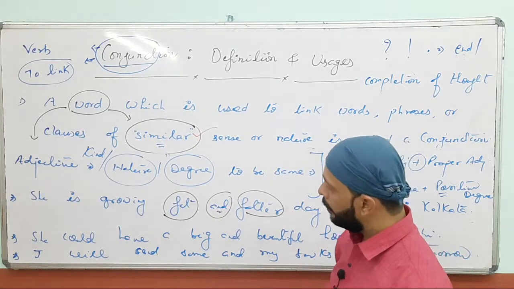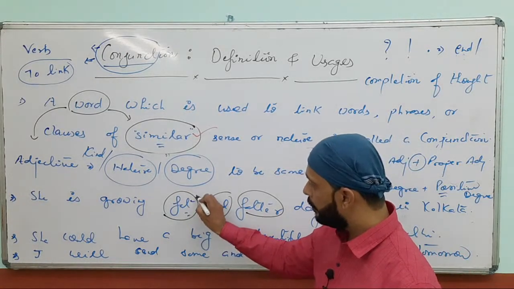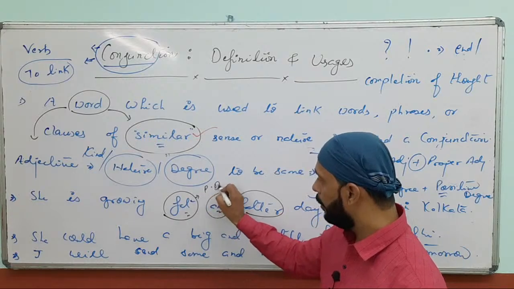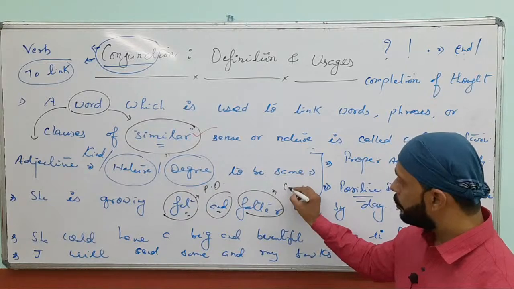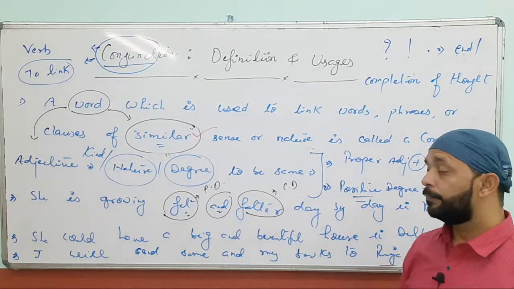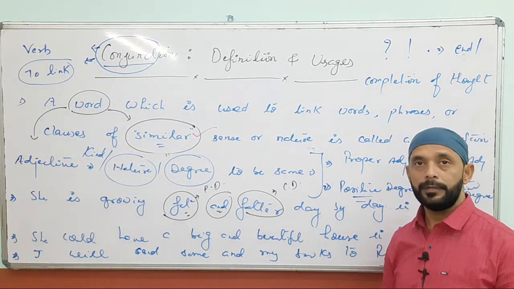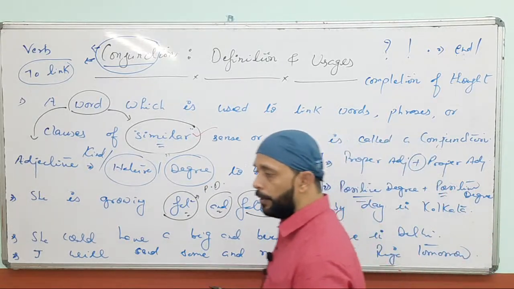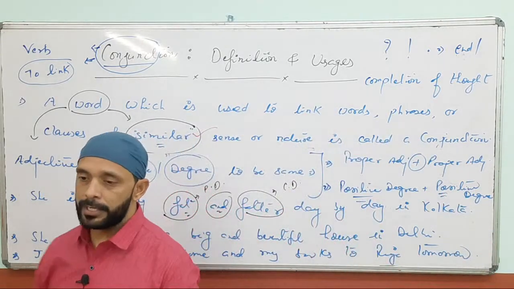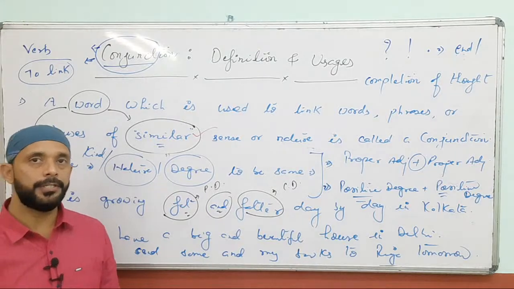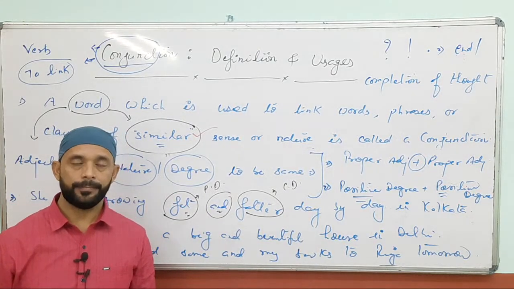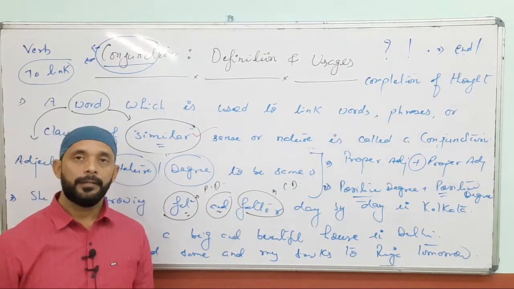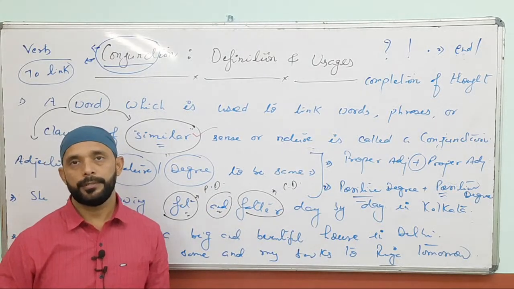What's happening here? Fat is in a positive degree. Fatter is a comparative degree. So degrees are different. Even though the same words are there, it is an exceptional structure, we cannot change the degree of the words.